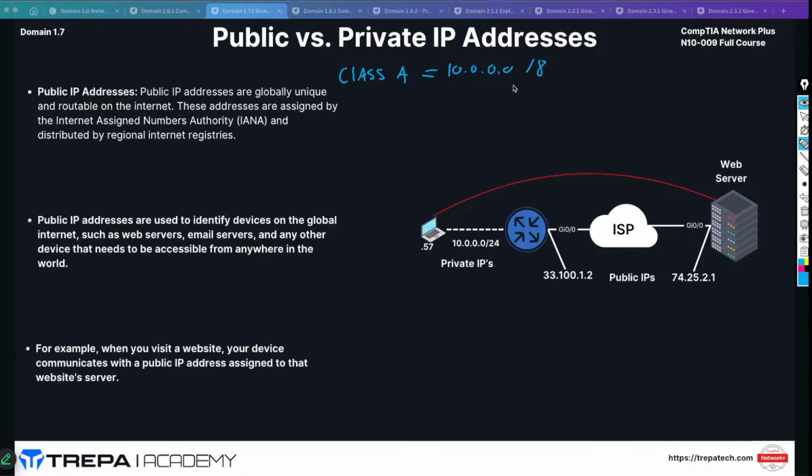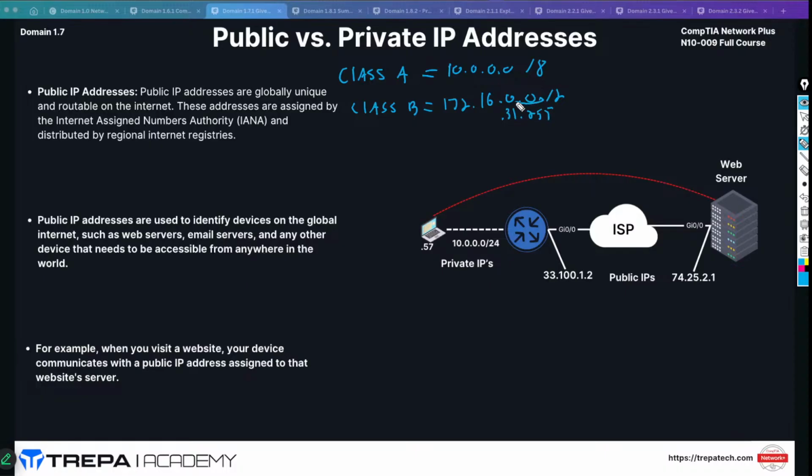10.0.0.0/8, which pretty much is 10.0.0.0 through 10.255.255.255. They came up with a class B range, which is 172.16.0.0/12, which is through .31.255.